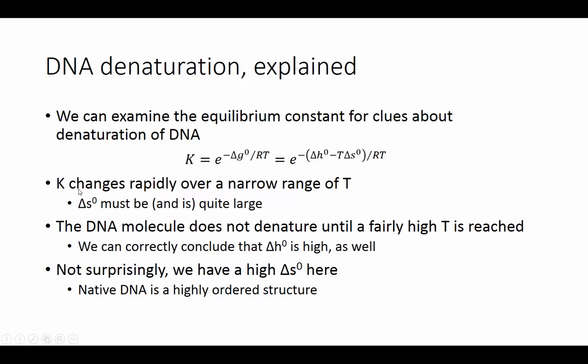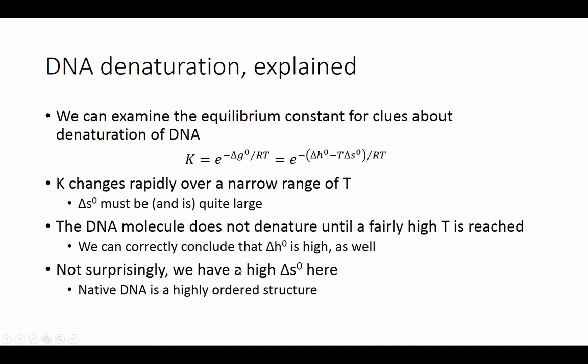And so for denaturation of DNA, the equilibrium constant changes rapidly over a narrow range of temperature, as you saw in that denaturation curve. So that goes to say that delta S must be, and experimentally has been determined to be, quite large. The DNA molecule does not denature until a fairly high temperature is reached, 80 degrees C. And we can correctly conclude that the delta H is high also.